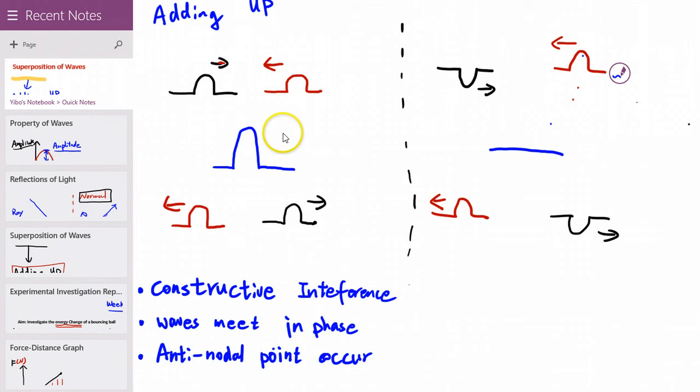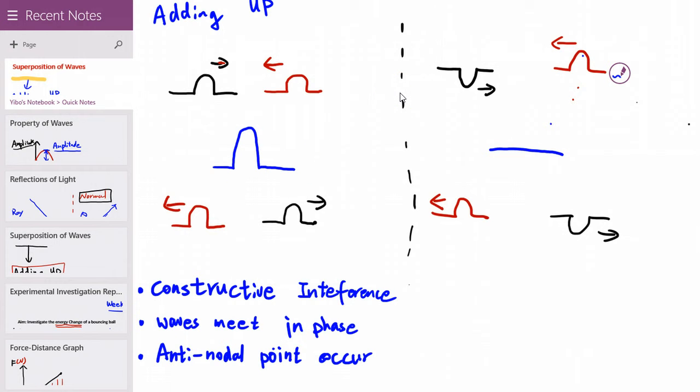So we have waves meeting constructively because they are in phase, and an antinodal point, or antinode, occurs in the center.